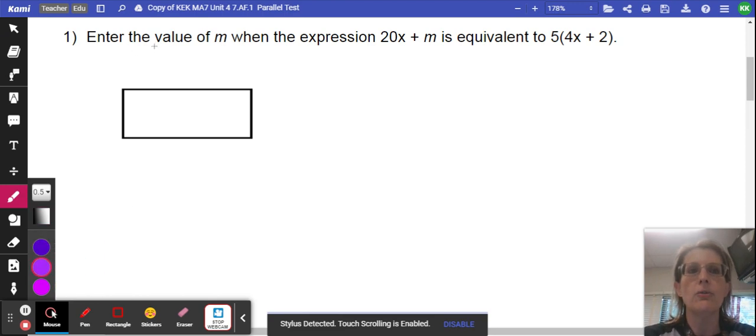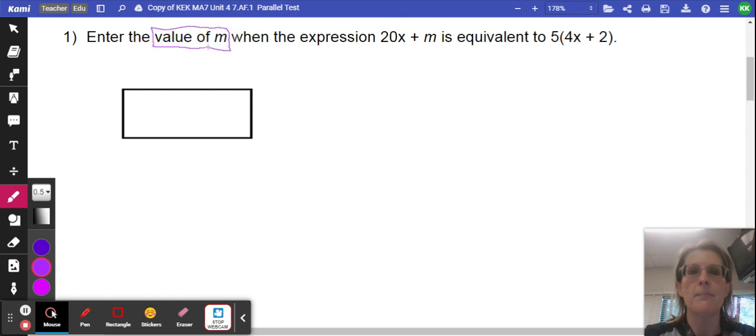So it said to enter the value of m. So I know that's what I'm looking for is an m. When the expression, we talked about how expressions were like the whole thing and then the terms are the small parts of it. So it just says we want to find m when this is equivalent to this.